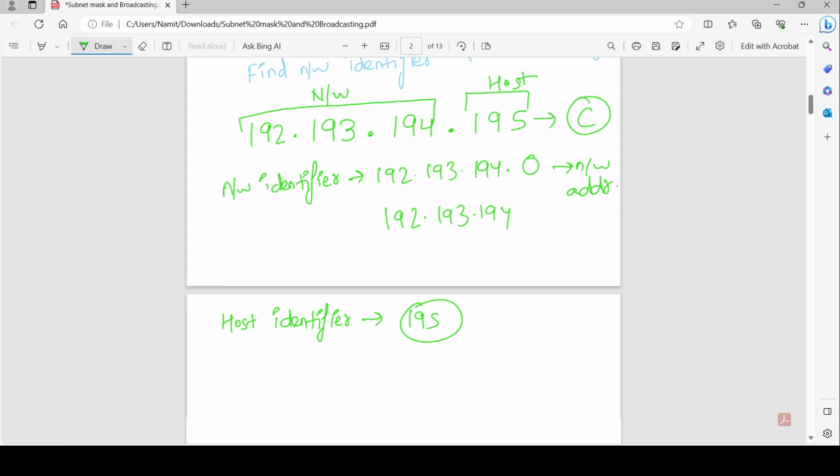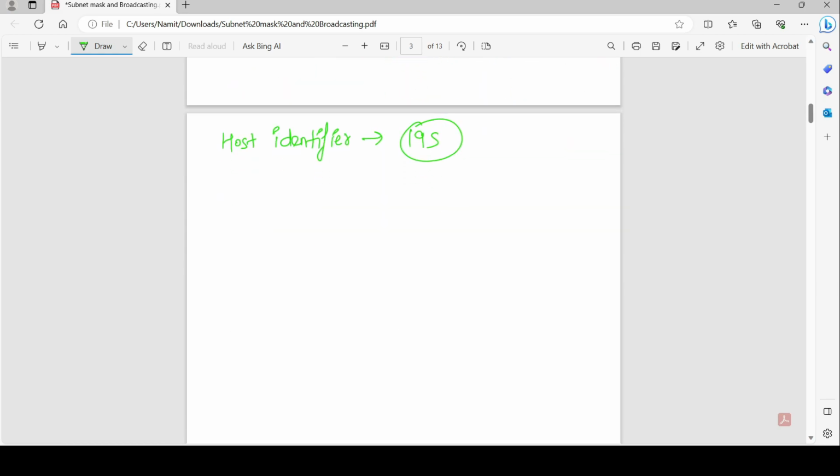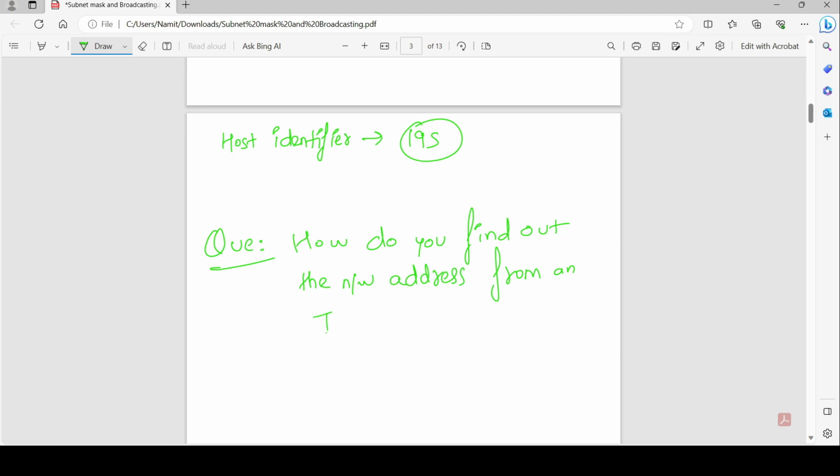Now there is another way to find out the network address. So the question is, how do you find out the network address from an IP address? How?